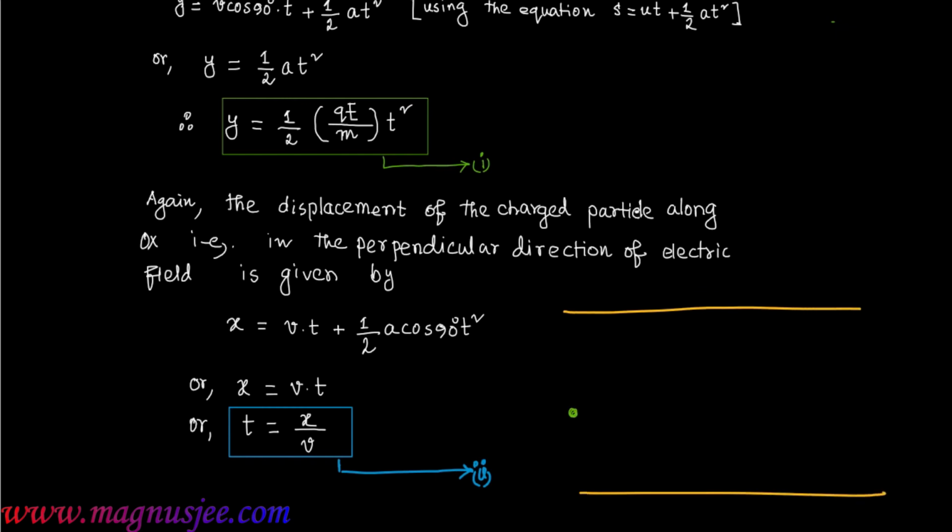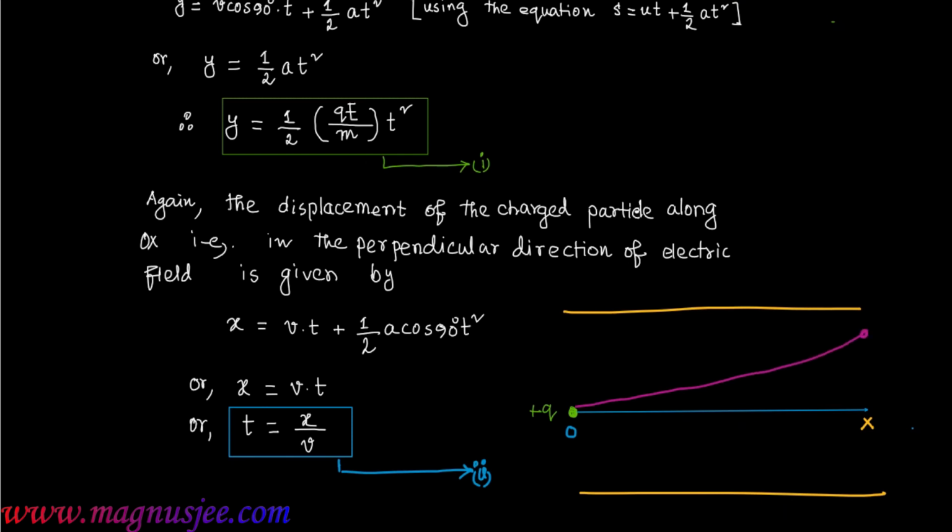We can draw the negative and positive plate, and plus q be the charge which was at the point O, and the charged particle is trying to enter the uniform electric field in a direction perpendicular to the direction of electric field intensity. The charged particle enters the electric field in a direction OX.